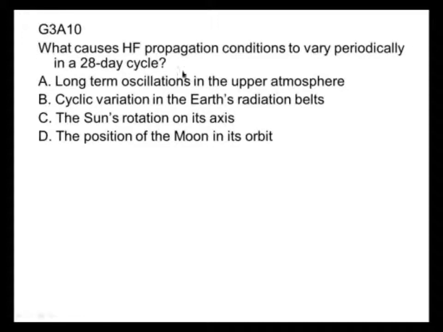This is an interesting one, and I didn't know this until I looked into it a bit when I started teaching general. The sun rotates on its axis with a period of 28 days. So the sunspots that you're looking at today will rotate around on the sun, and if they're still in existence 28 days from now, they'll come back into view as that face of the sun comes back to us. So propagation conditions can vary on a 28-day cycle.